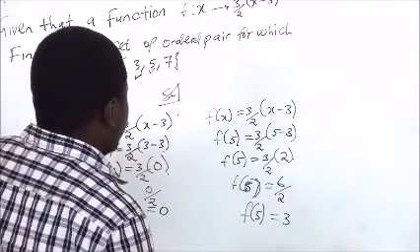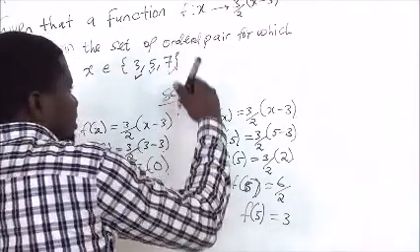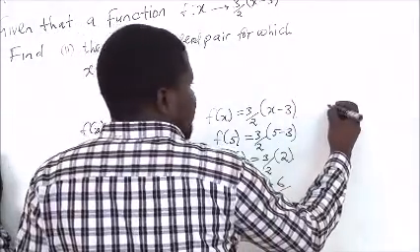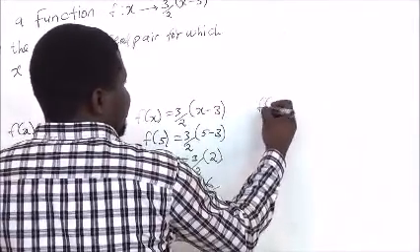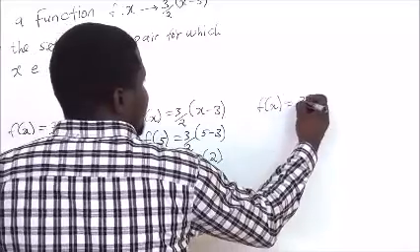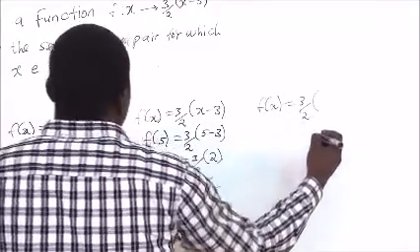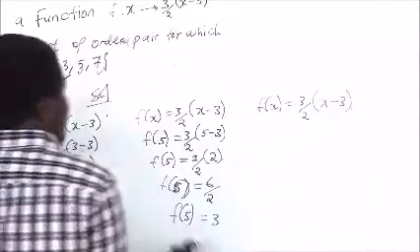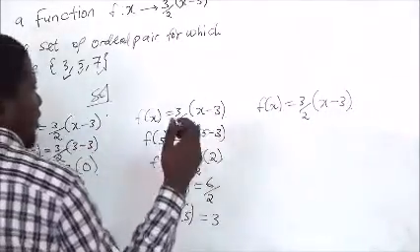And then, lastly, we pick 7. Substitute the very function. Then it's going to be the function of this one is equal to 3 over 2, open bracket. We're going to have x minus 3. So you substitute where there is x, you put 7 there.